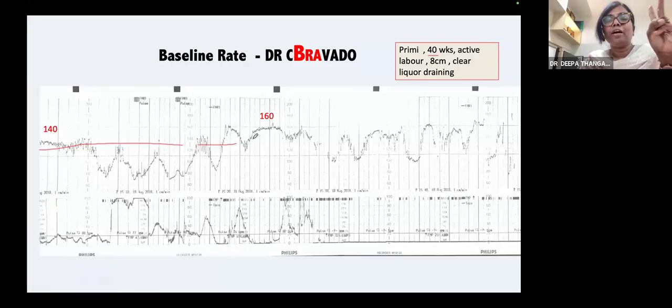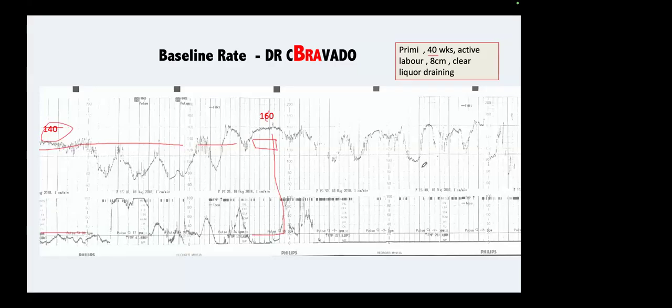But we need a two big squares, that is a 2 minute trace, in between the contractions. In between the contractions, here the baseline heart rate is 160. Here it is 140. And in the rest of the trace you couldn't see any 2 minute stretch, correct?